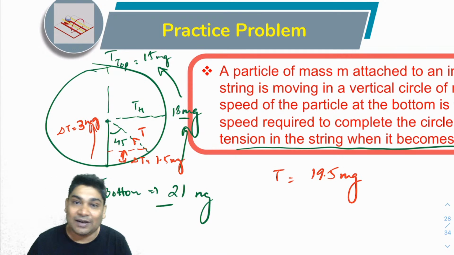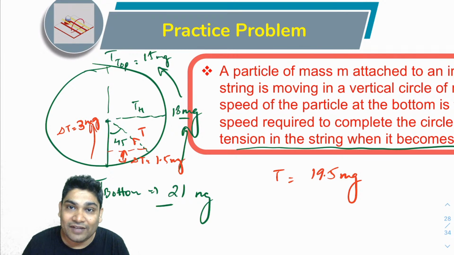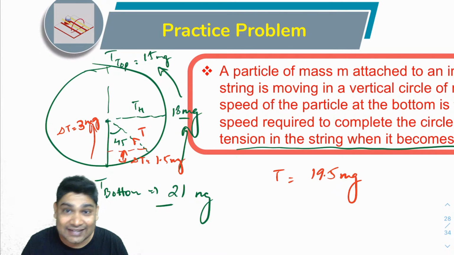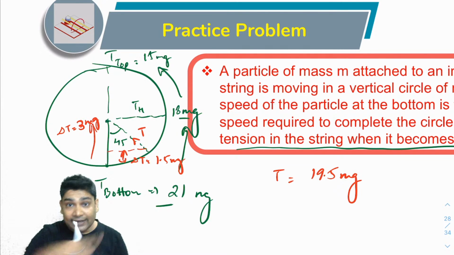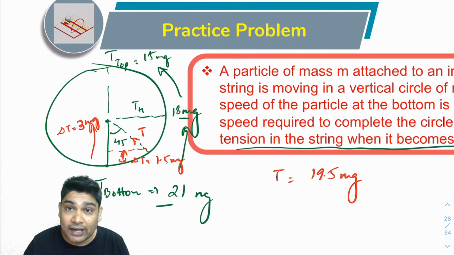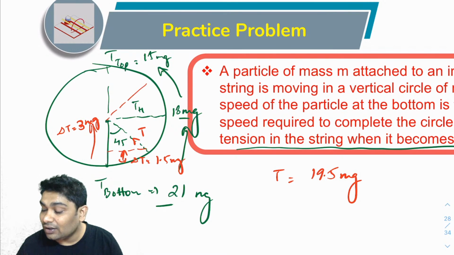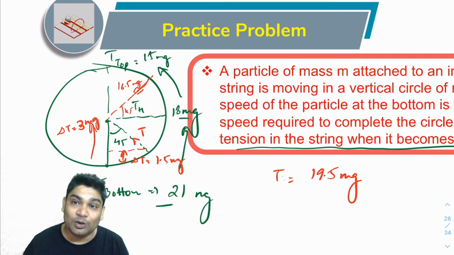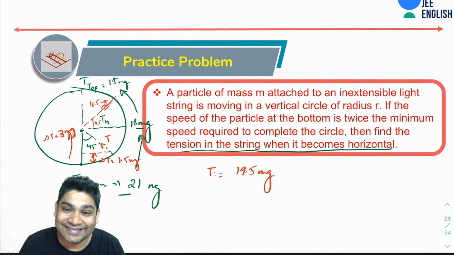You can verify that. Yes. No, but the trick is that the delta T is corresponding to the height. From here, at 45 degree, you would have realized that the T would have been 16.5 mg. That is the trick that I'm telling you. You can easily remember this.